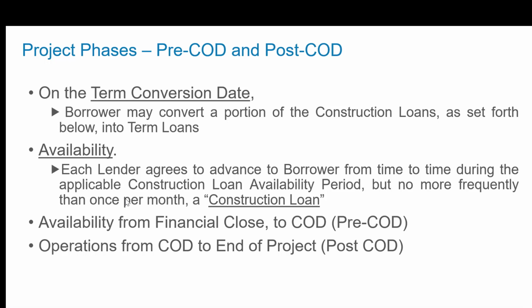If you understand this fundamental point, and you understand that there's a conversion date, the COD, the commercial operation date, that's when you switch from a construction investment to a payback. That's when you can sometimes become non-recourse. There's an availability period when you can borrow money. Before the financial close, there's a development period. And here is the big point.